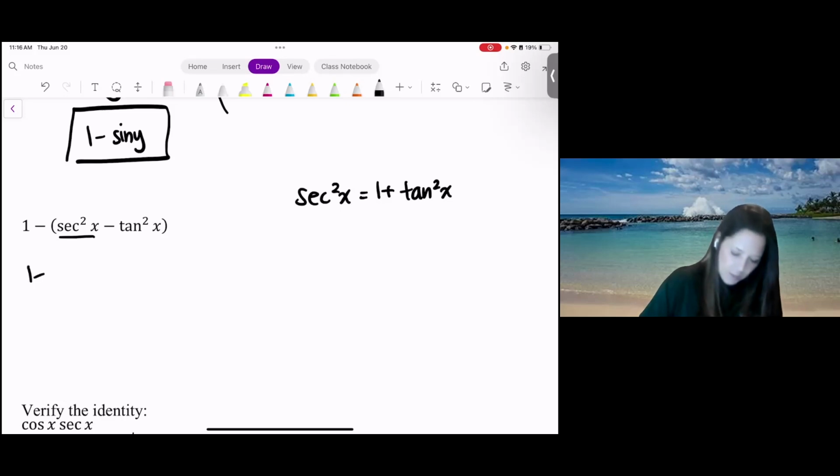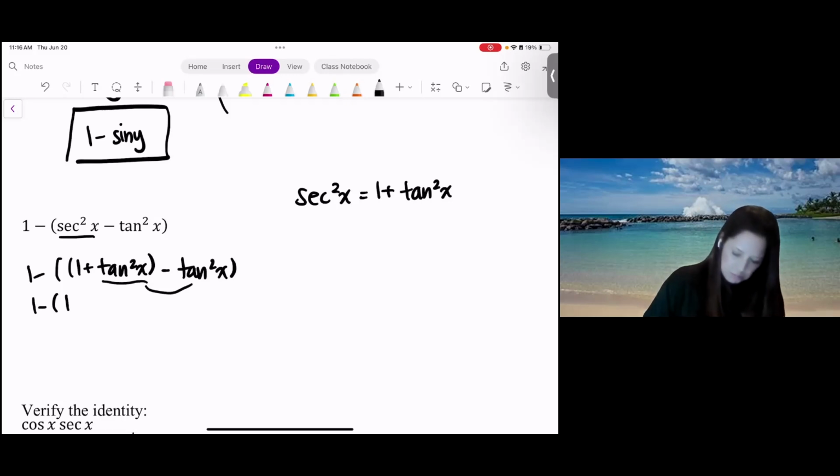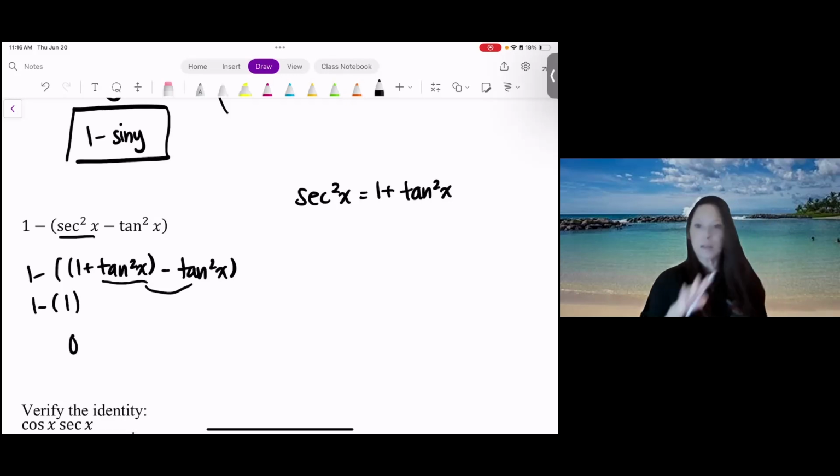I then have 1 minus 1 plus tangent squared of x minus tangent squared of x. I can then say tangent squared minus tangent squared is 0. And then I have 1 minus 1, which is also 0. This expression actually simplifies to 0.